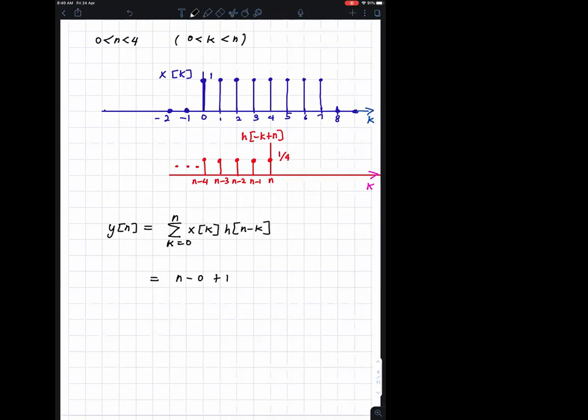But don't forget the signal amplitude: one of them is 1, and the other is 1/4.